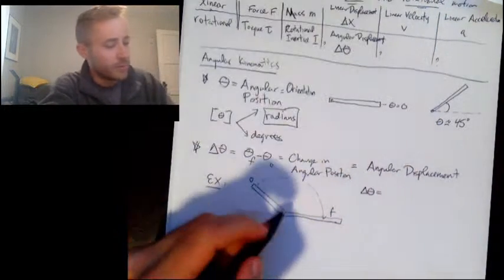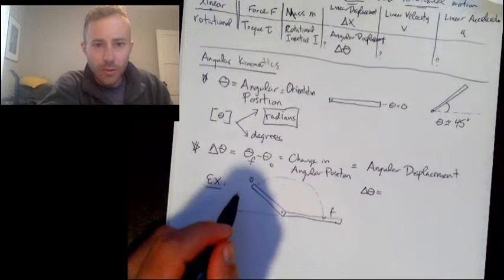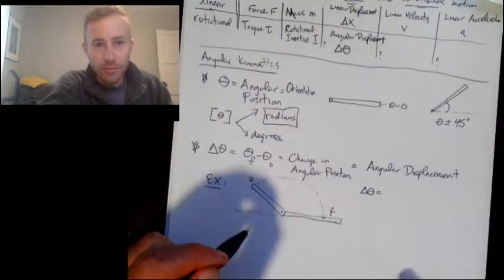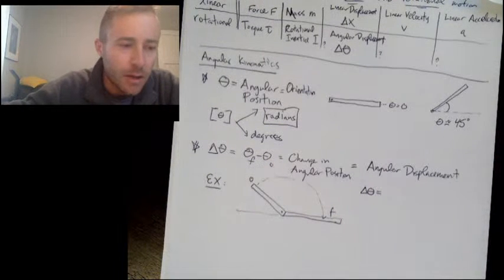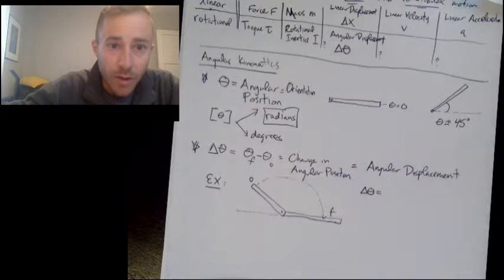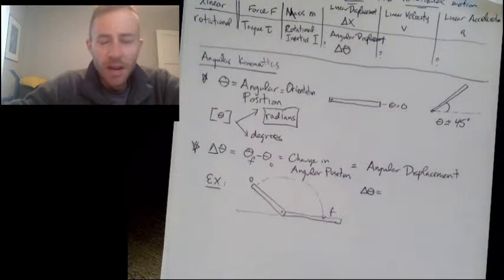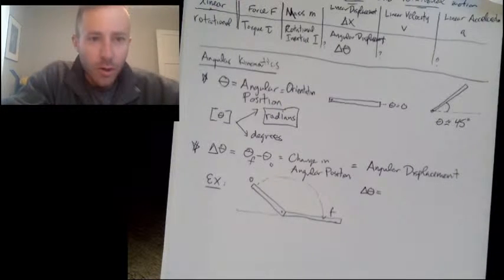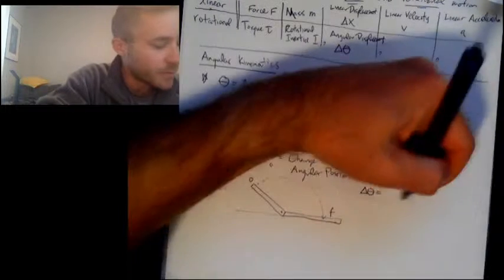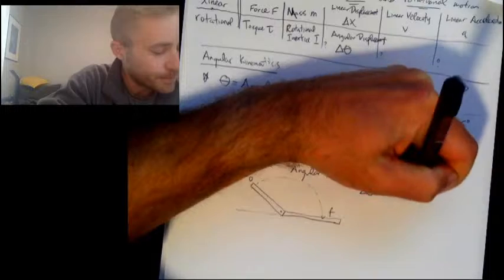Well, it's moving 3/4 of a half circle. So we know a half circle is pi radians. Pi radians is a half revolution. So that means 3/4 of a half revolution would be 3 pi over 4, right?